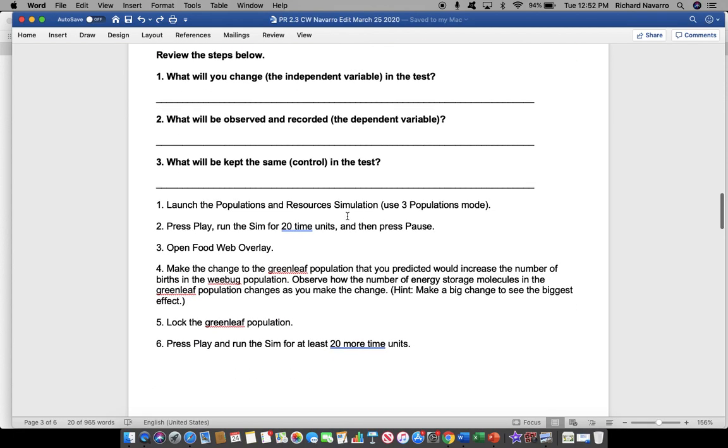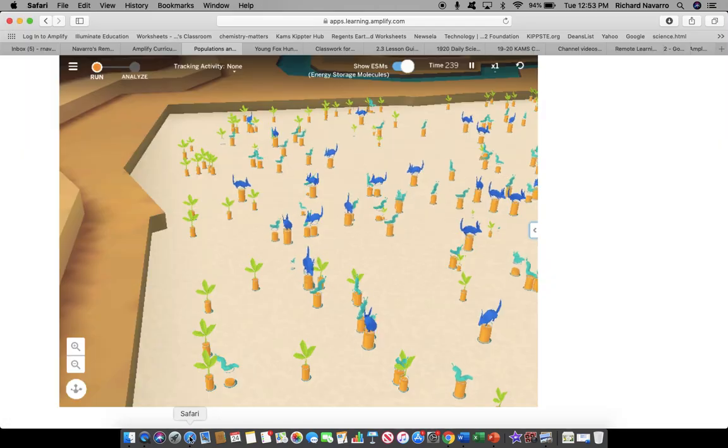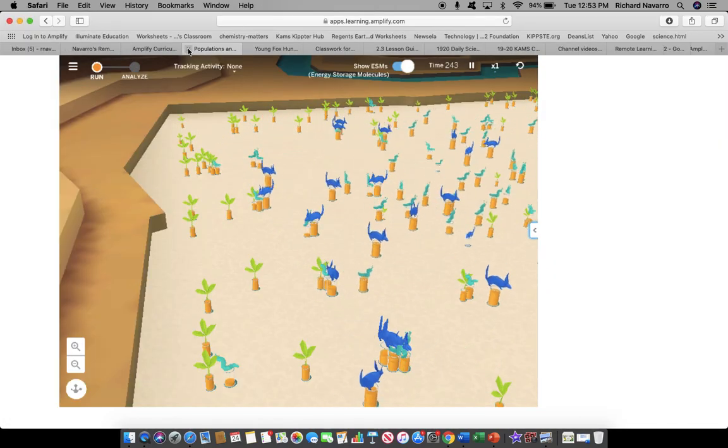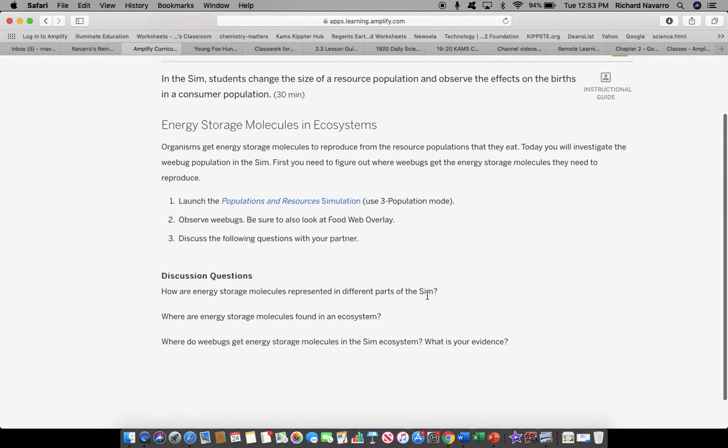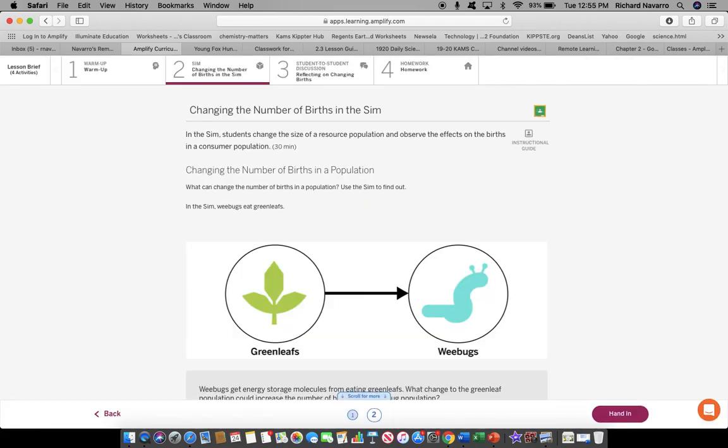In order to do this, we're going to follow the instructions on Amplify. So we'll go back. Our sim will be changing the number of births in the sim.